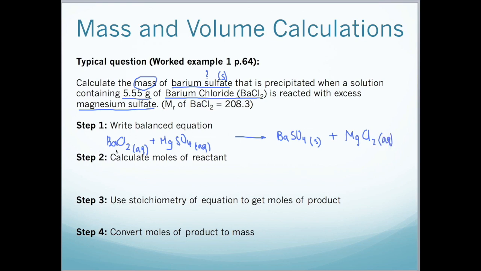Once we look, we can see we've got 1 barium here, 1 here, chlorines 2, Mg, so it's balanced. So that is our first equation that we will be using in this calculation.